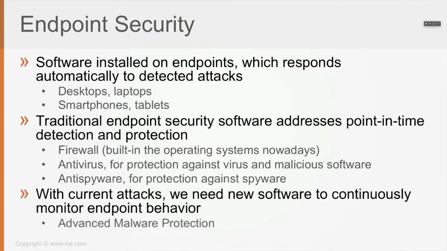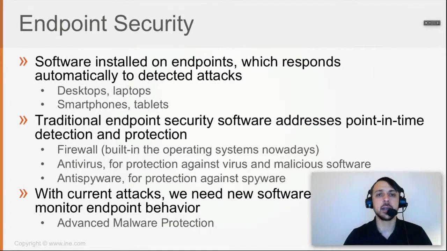But with current attacks, we need new software to continuously monitor endpoint behavior. As I was saying yesterday, an attack nowadays, a malicious code, can be in the form of anything, like a JPEG, a PDF, or whatever. So a regular PDF file or Word file or a picture file is going to have an attached malicious code.